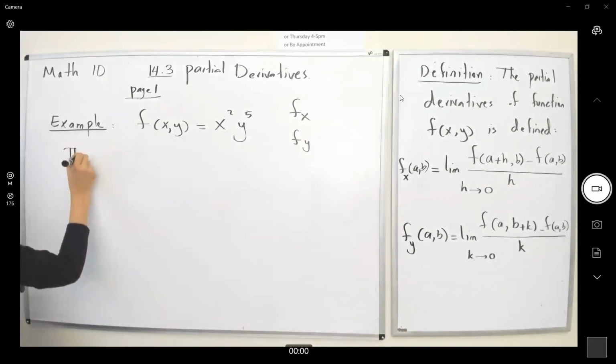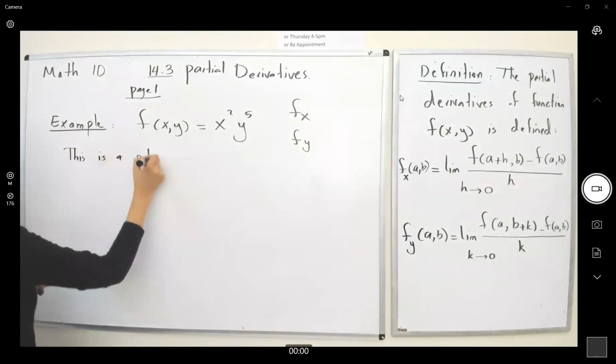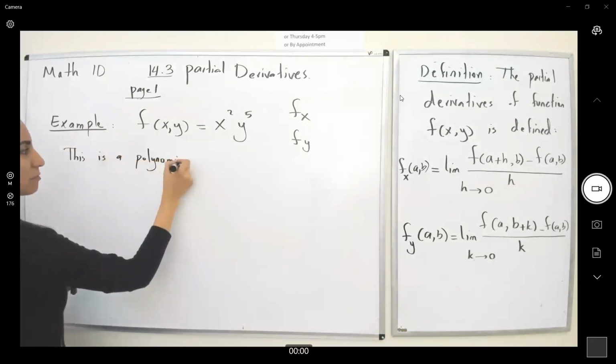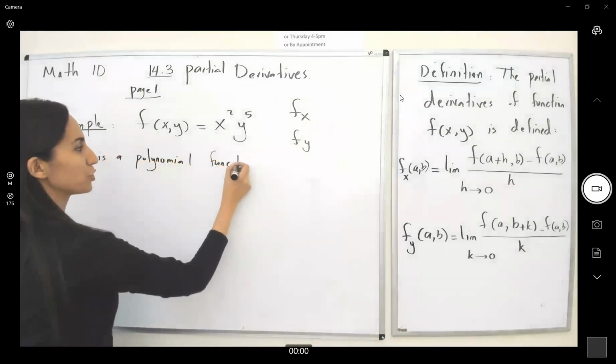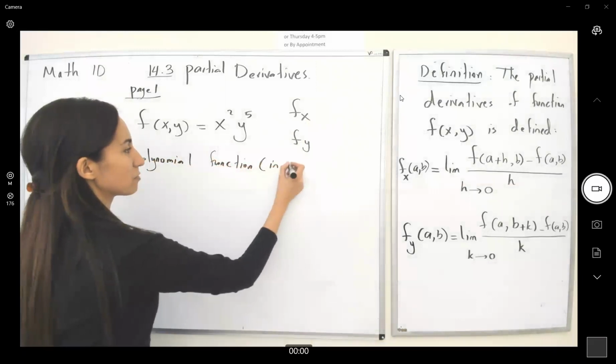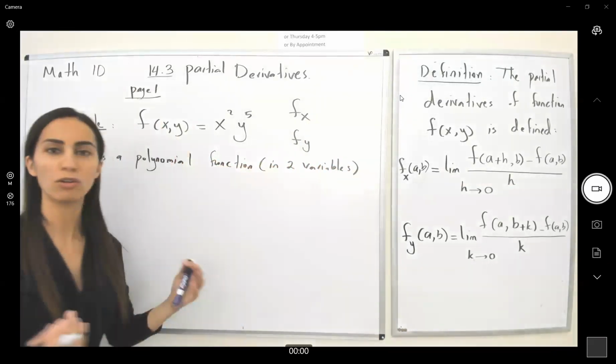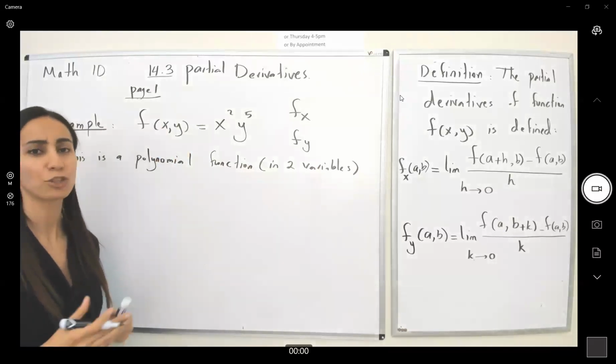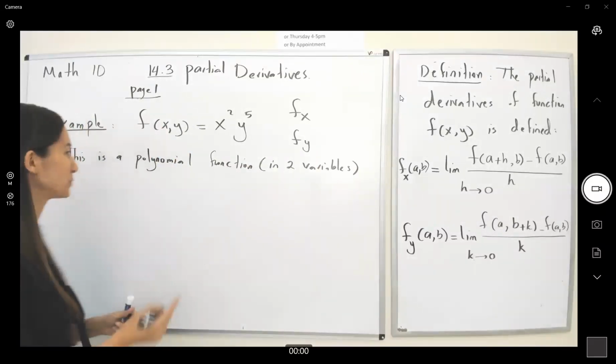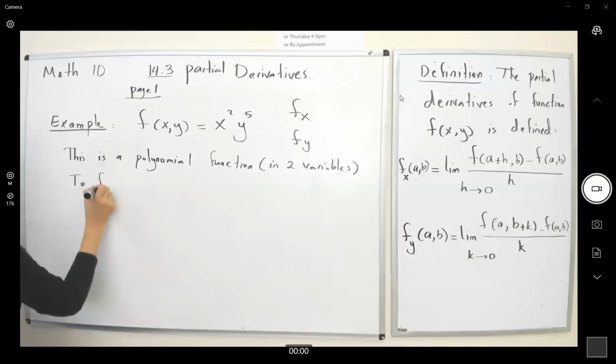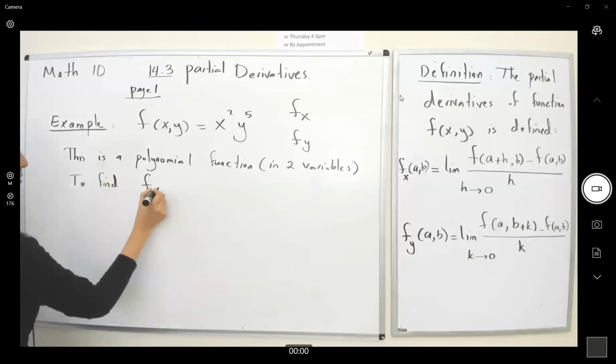This is a polynomial function in 2 variables. So we can directly apply the shortcuts that we learned before.